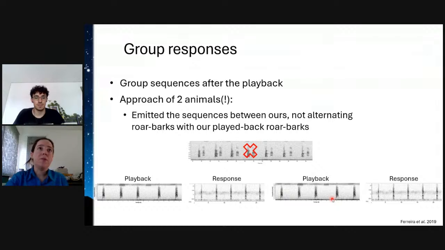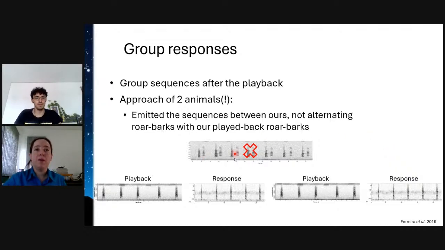And one very interesting thing was that we had some group responses. They did not intercalate the raw barks with our playback. They intercalated entire sequences. So we did the playback, we waited, they would respond with a sequence, then we would make another playback, they would stop calling, and then we would wait, and they would respond again after the end of our sequence.